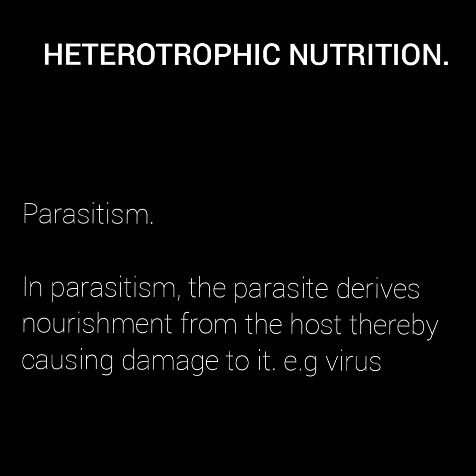This mode of nutrition is also said to be parasitic in nature when an organism known as the parasite lives on or in another organism referred to as the host, derives nourishment from it, and gives nothing in return to it. Examples of organisms under this mode of nutrition include viruses, bacteria, and fungi.